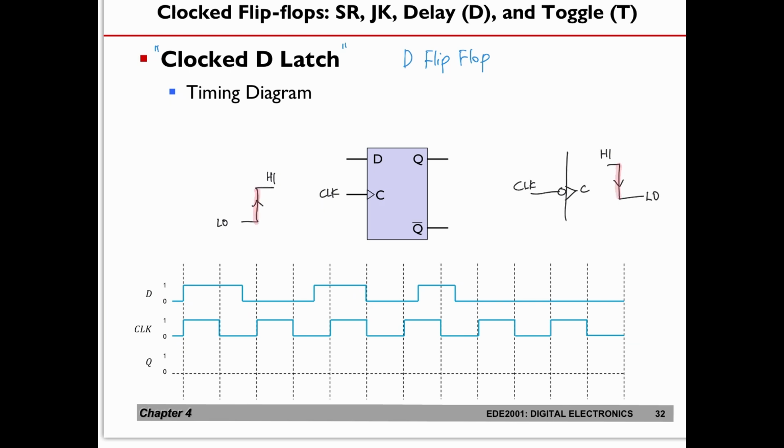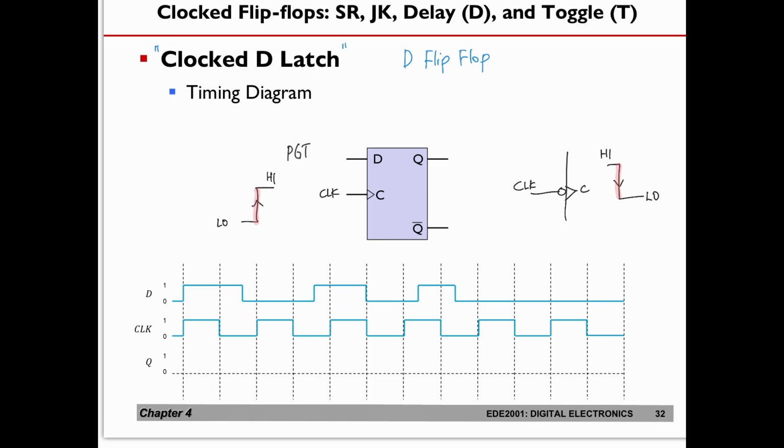So how do we actually analyze this circuit? Because this is a positive going transition, it is going to be triggered only when the clock goes from low to high.